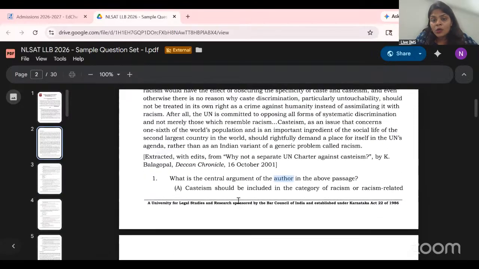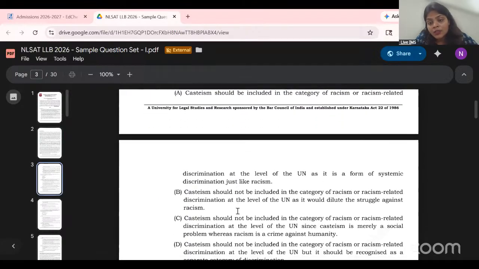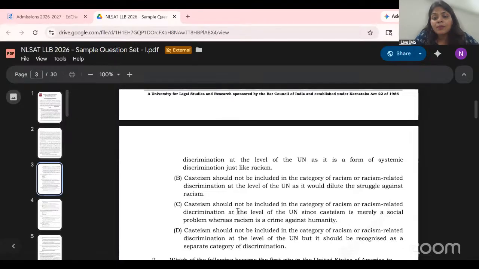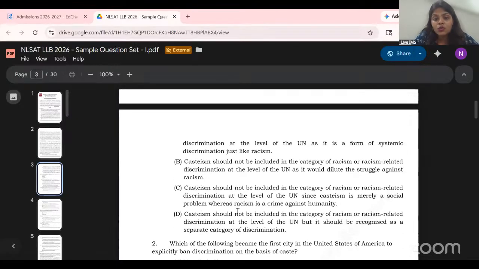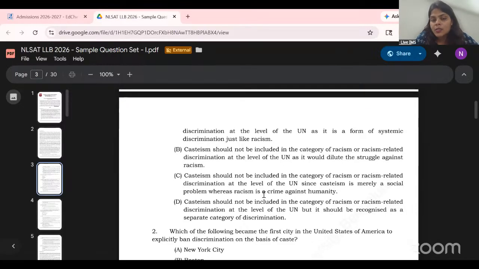As I mentioned, the author is further talking about the idea that these issues should be raised and categorized. They should have a separate category here. Then option C says casteism should be included in the category of racism or racism-related discrimination at the level of UN, since casteism is merely a social problem. You will see that option A and option C are completely against the author's argument.